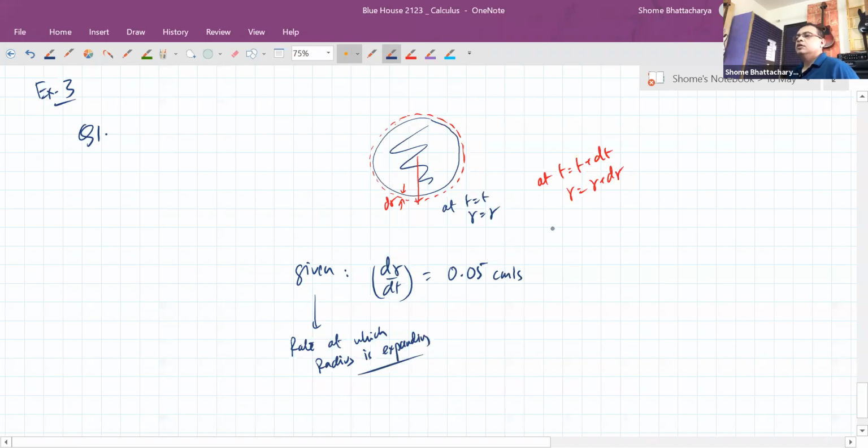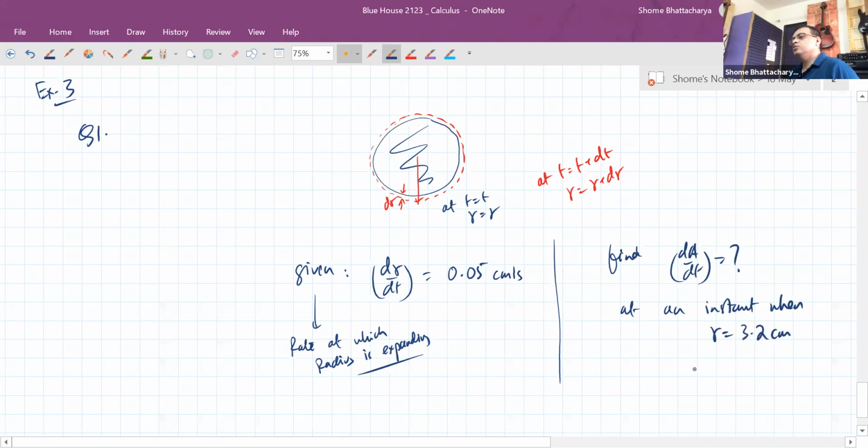Now we want to find out the rate at which the area of the disk is increasing, at an instant when the radius is given to us as 3.2 centimeters, and of course the rate of increase of the radius is also given to us.